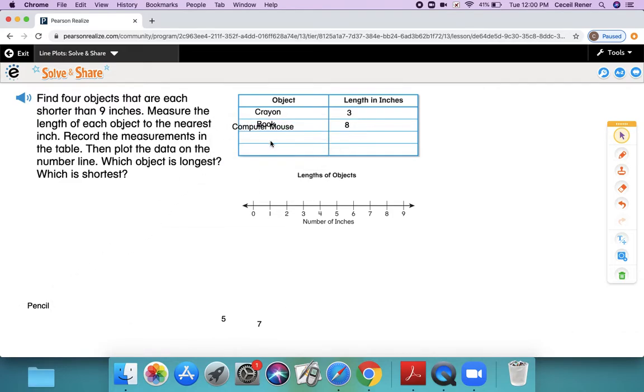So I'm going to put my computer mouse, and the computer mouse was about 5 inches. There's my 5 inches. And then lastly, I had a pencil. And my pencil was 7 inches. So I'm going to put that there.